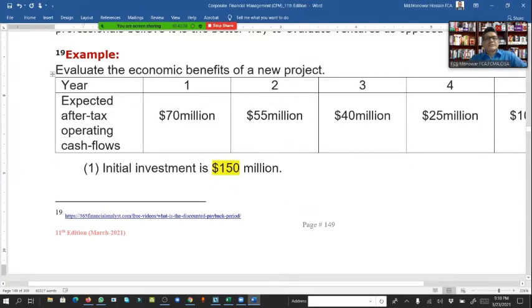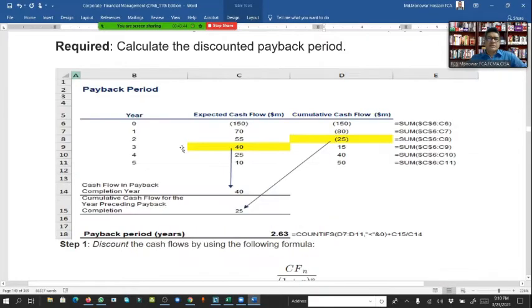The first year cash inflow is 70 million, 55 million, the third year 40 million, and so on. In year 0, the expected cash flow of 150 million is negative, so the cumulative is negative. In the first year, 70 million is inflow, and the cumulative is minus 80, because we still require 80 million for payback.